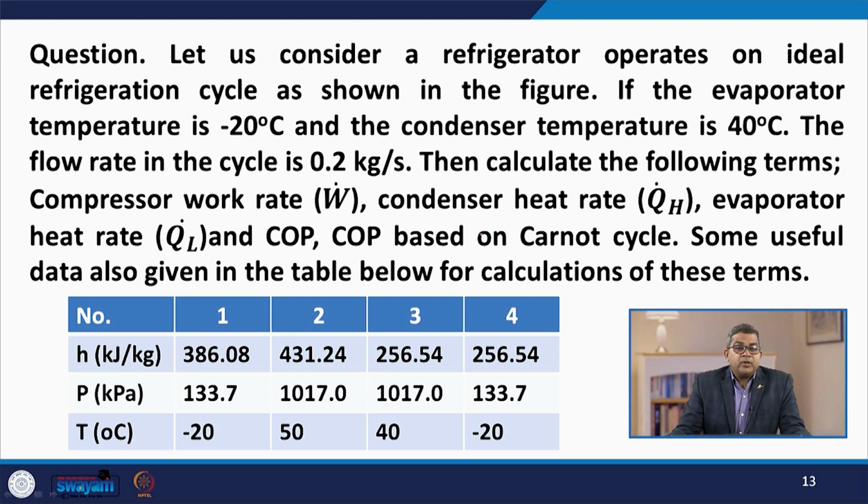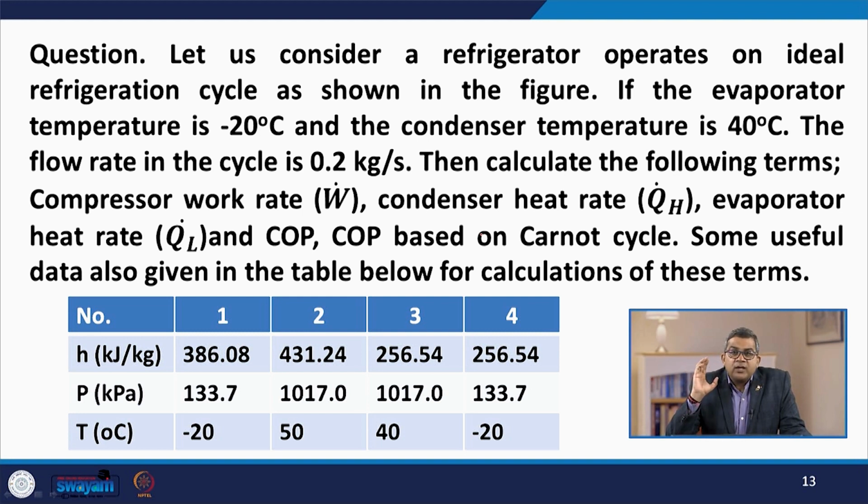Now it's time to have one numerical question. Let us consider a refrigerator that operates on an ideal refrigeration cycle as per this figure. The evaporator temperature is minus 20 degrees Celsius, the condenser temperature is 40 degrees Celsius, and the flow rate in the cycle is 0.2 kilogram per second.